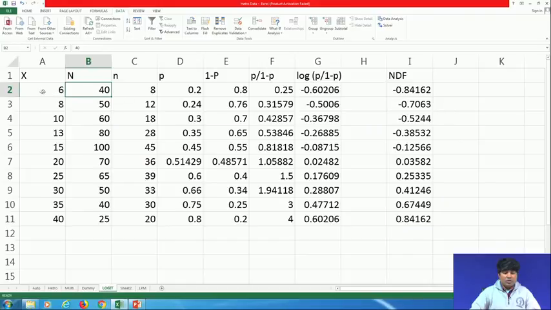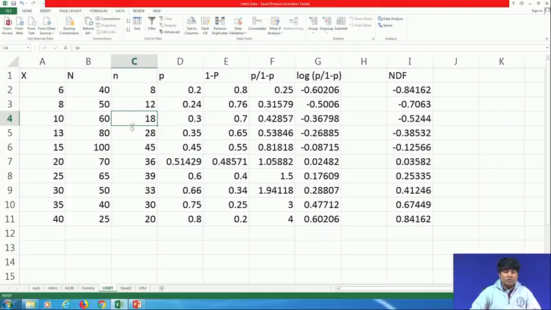Out of 40 samples, 8 have yes. With respect to the 8 lakhs category, we surveyed 50 samples, and 12 have ownership. Likewise, for 10 lakhs, 60 families, out of which 18 families have ownership status.